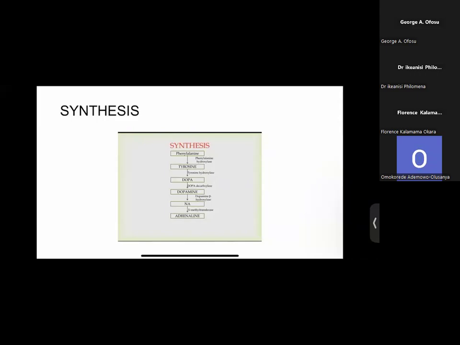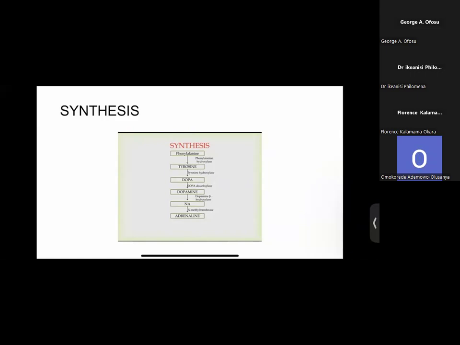Then tyrosine hydroxylase acts on the tyrosine to convert it to dopa. The decarboxylation of dopa gives dopamine. Then dopamine beta hydroxylase converts dopamine to noradrenaline and adrenaline. Hence, 5 enzymes are involved in the pathway of the biosynthesis of catecholamines.